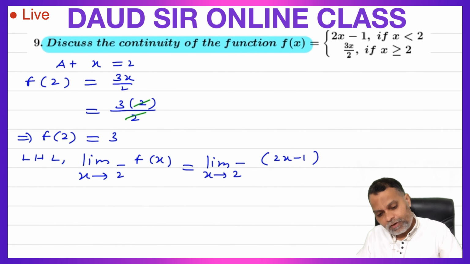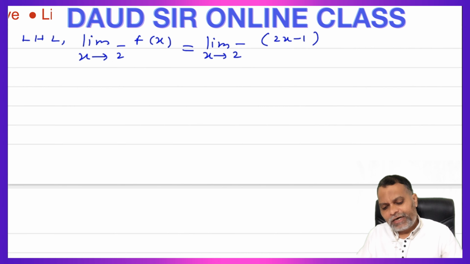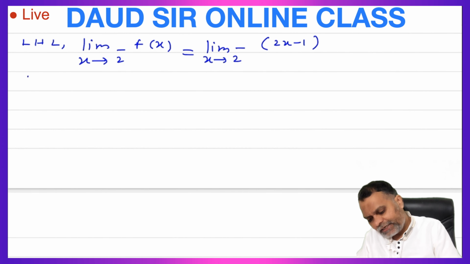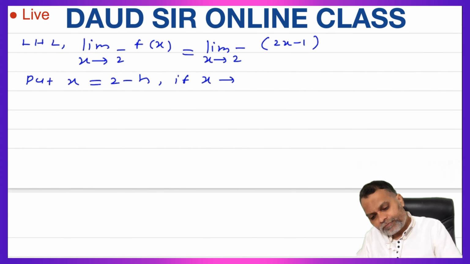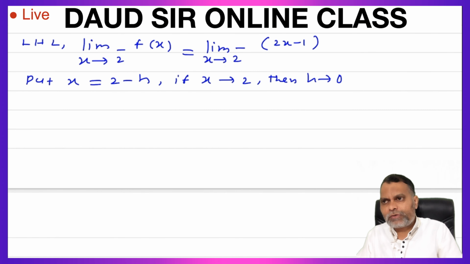For the left hand limit, we have to put x is equal to a minus h. Put x is equal to 2 minus h. Change the tends to: if x tends to 2, then h tends to 0. How? Put 2 minus h here, 2 minus h tends to 2, the 2s cancel, minus h tends to 0, that is h tends to 0.